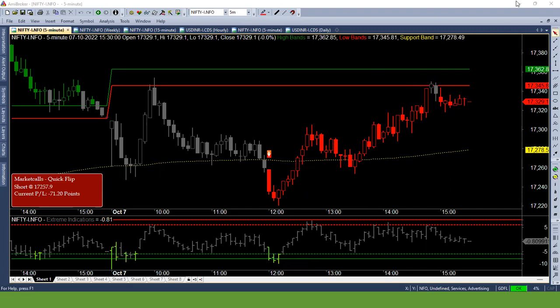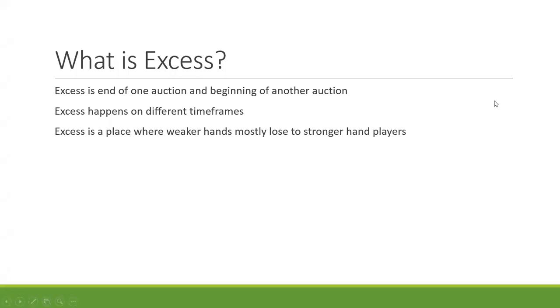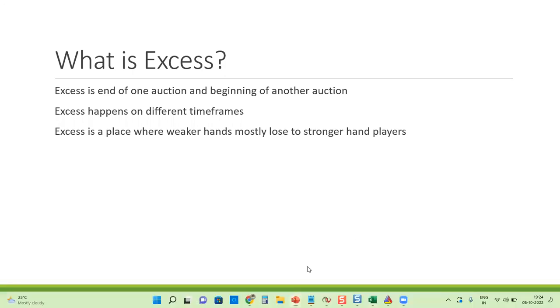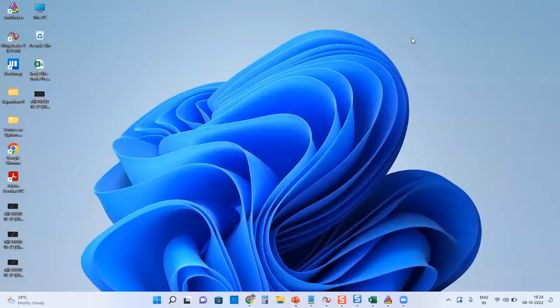Right? So once you know what is happening, you know which side to trade most of the times. Maybe I'll show you what I had done last Friday. Usually I don't like to share my trades.